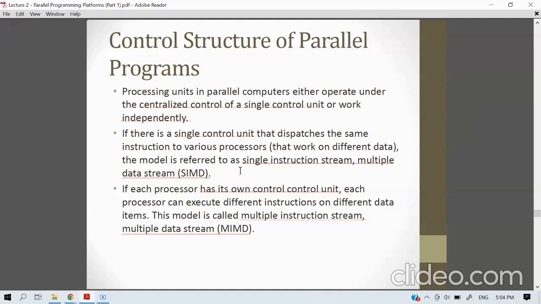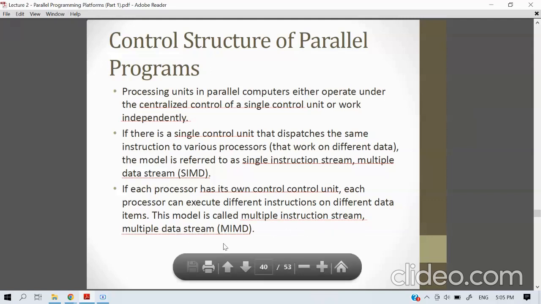It has one instruction but many data. If each processor has its own control unit, each processor can execute different instructions on different data. This one is called multiple instruction stream, multiple data stream.